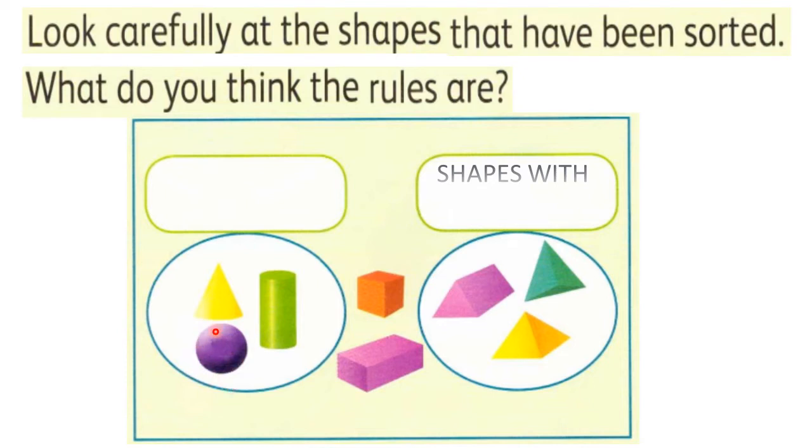The rule is shapes with curved faces. In the second group, we have a prism, a triangle base pyramid, and a square base pyramid.